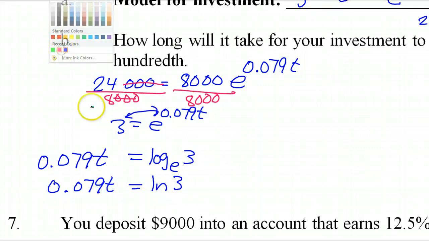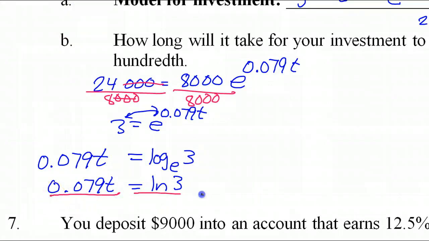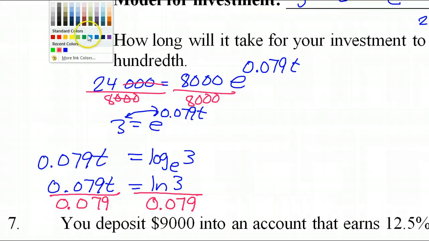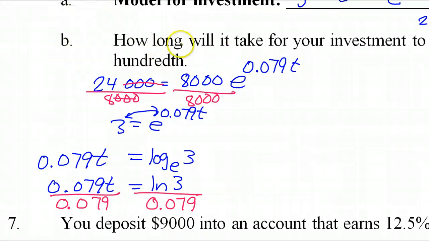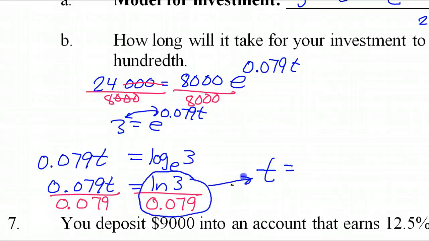If I want to get that time, I will divide by this decimal, 0.079. So that is going to give me my time, the how long. I can just put this straight into the calculator.